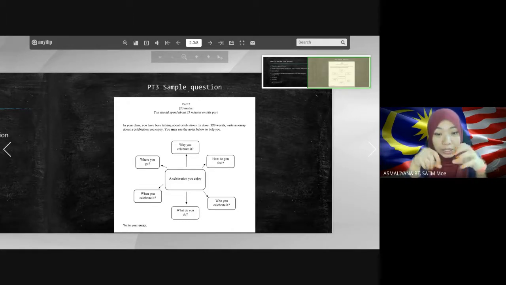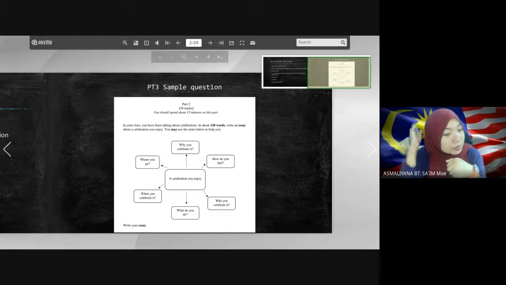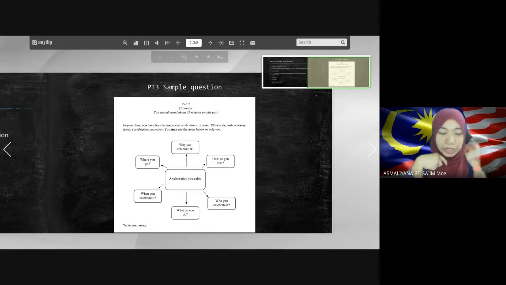Okay, this is longer, 120 words. Can you write more than 120 words? Boleh tak rasanya? Boleh tak tulis lebih daripada 120 perkataan atau kurang sikit daripada 120 perkataan? Boleh. Boleh tulis lebih, boleh tulis kurang.